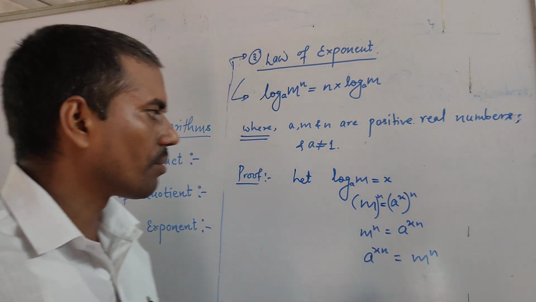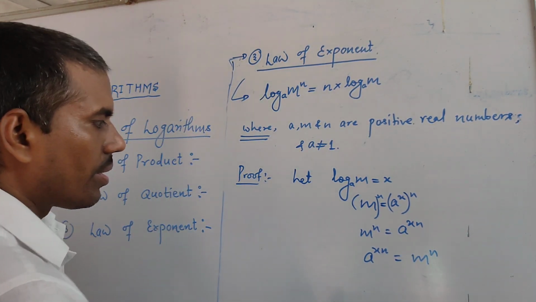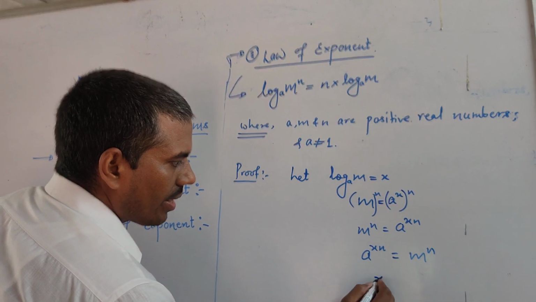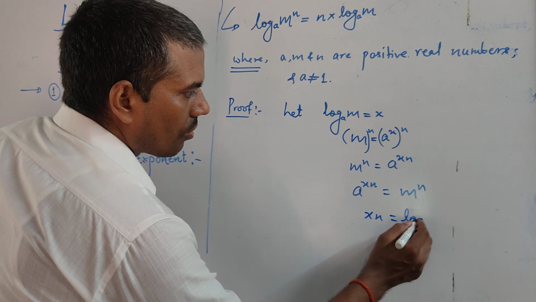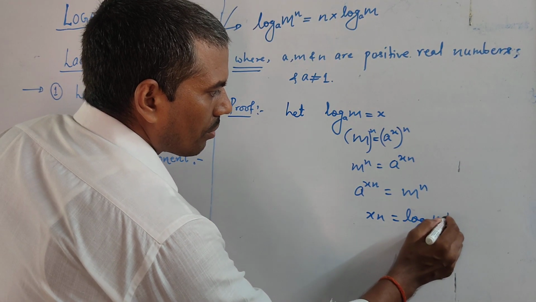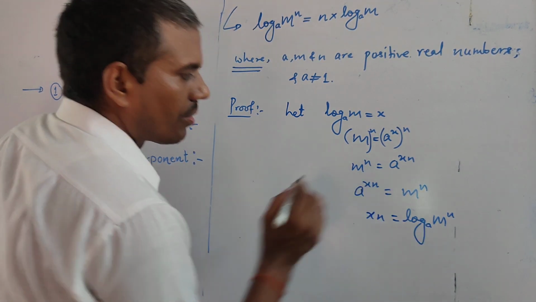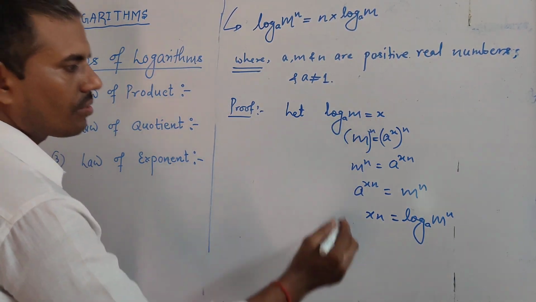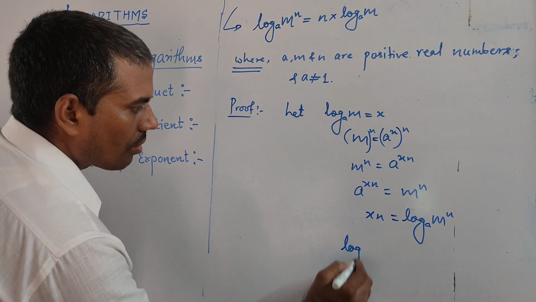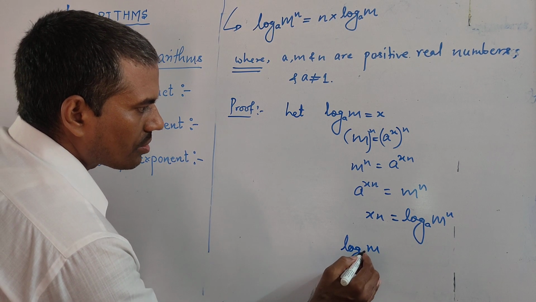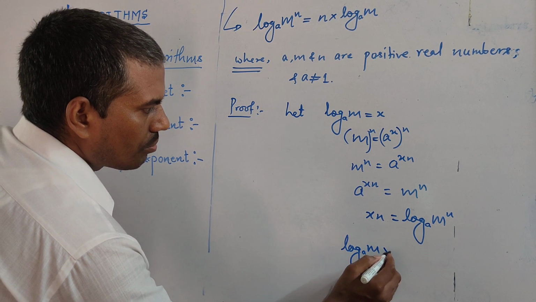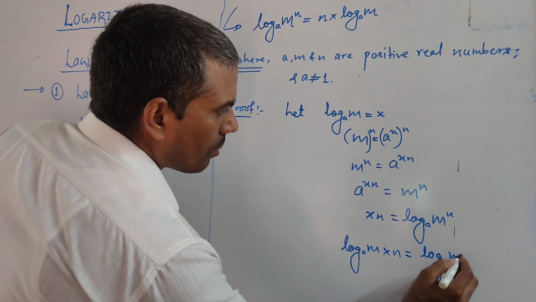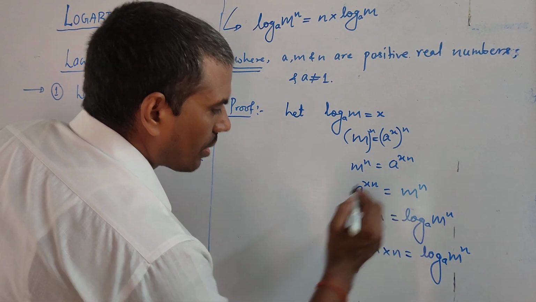Then from the definition of logarithm, xn is equal to log of m to the power n to the base a, and rewrite the value of x. From here we get log of m to the base a into n is equal to log of m to the power n to the base a.